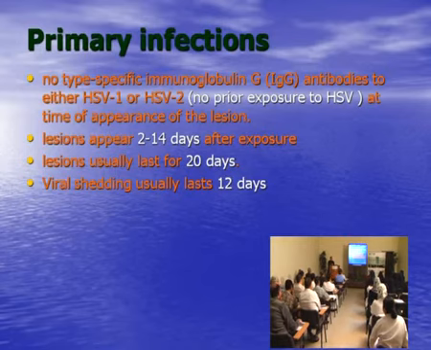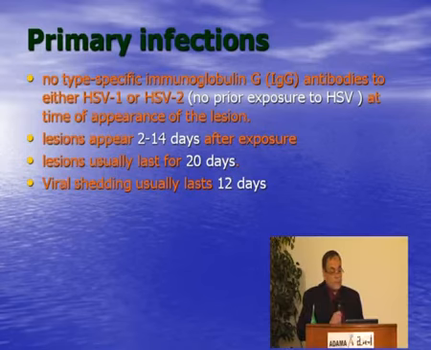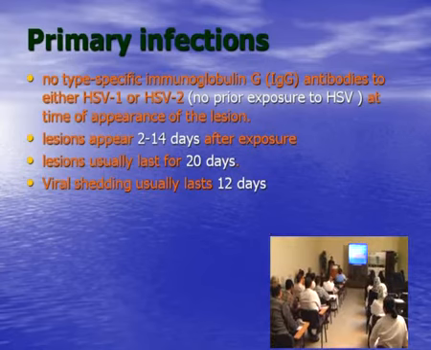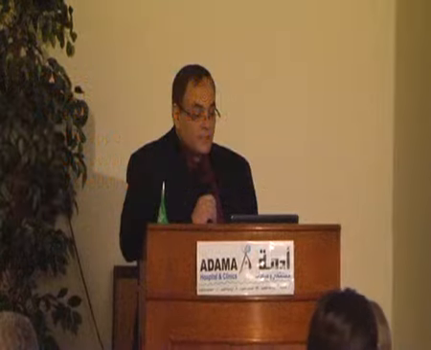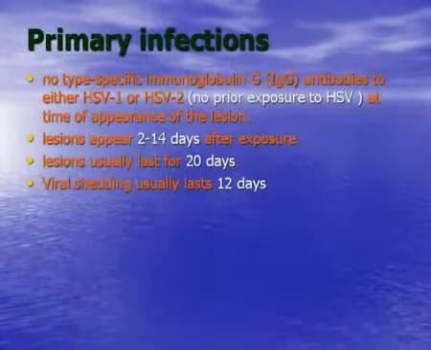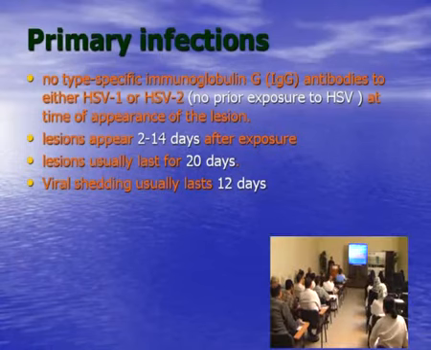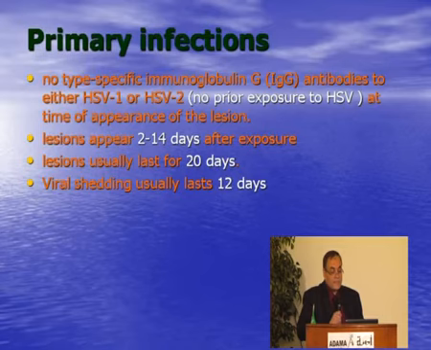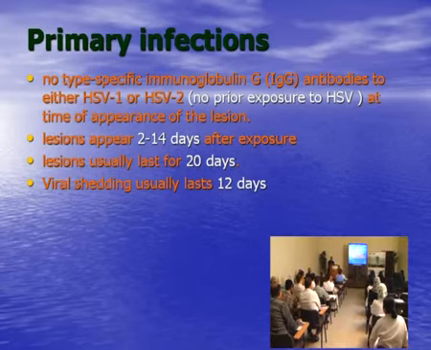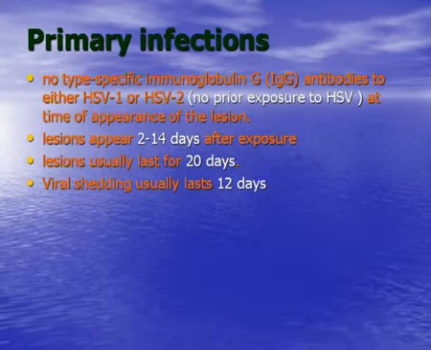In the primary infection, this patient wasn't exposed to herpes simplex virus before, so there are no type-specific immunoglobulin G antibodies to either herpes simplex virus type 1 or type 2 at the time of appearance of the lesion. Lesions appear 2 to 40 days after exposure. Lesions usually last 20 days. Viral shedding usually lasts 12 days.